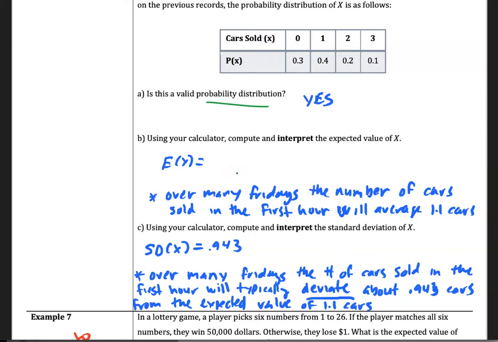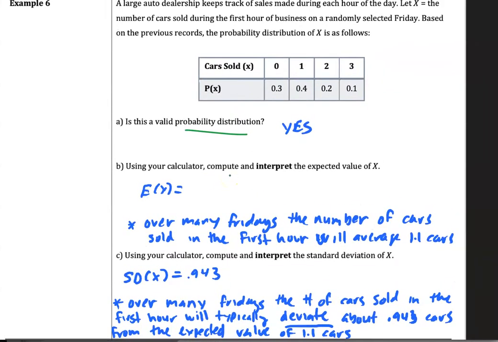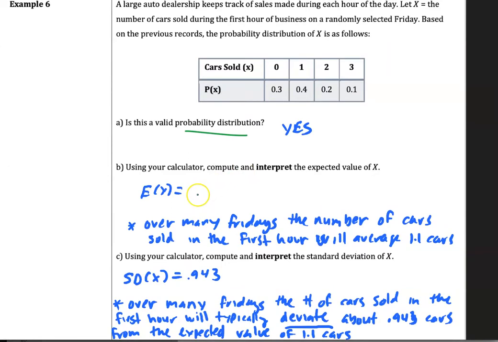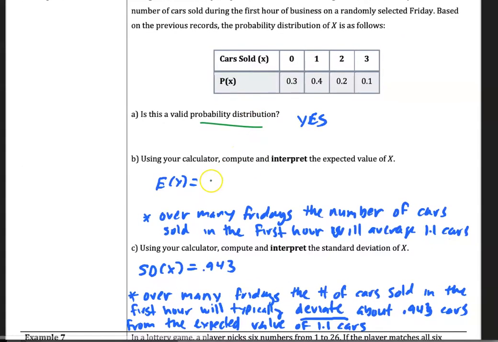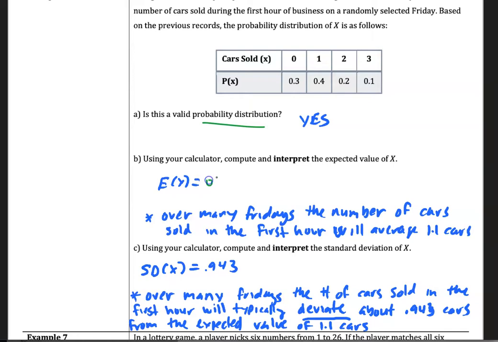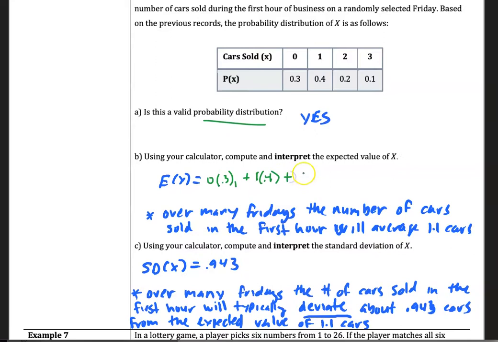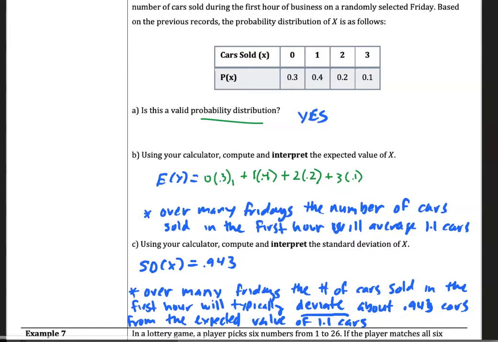If you're going to do this by hand, here's the values you would be putting: 0 times 0.3, plus 1 times 0.4, plus 2 times 0.2, and then of course 3 times 0.1. So think about what this value would mean, though, the interpretation.